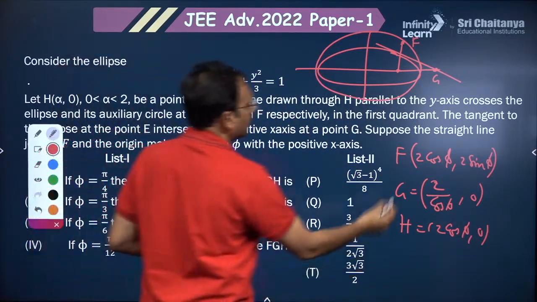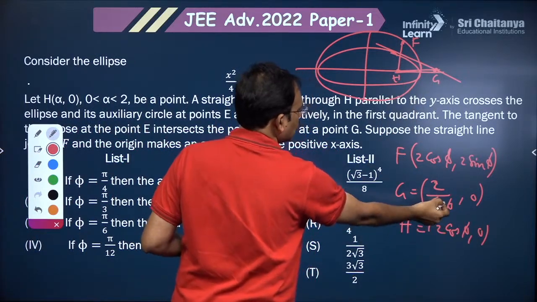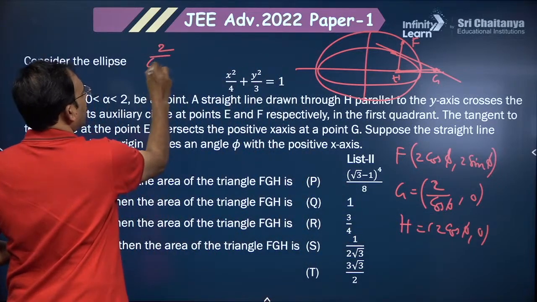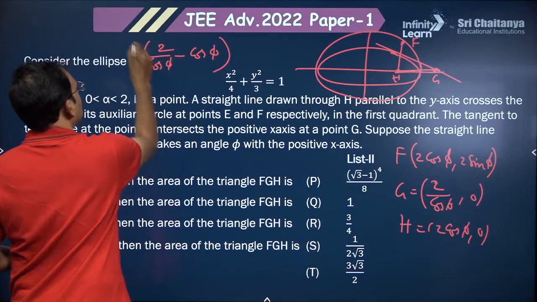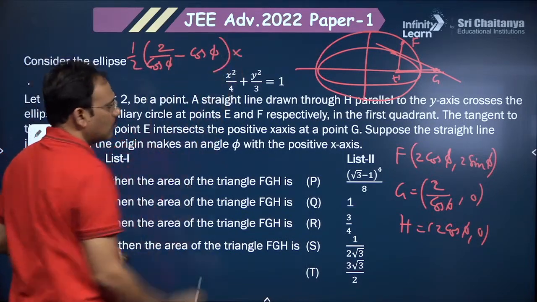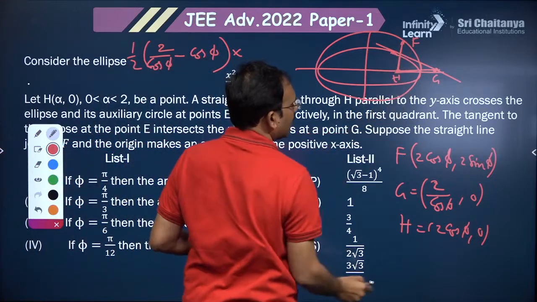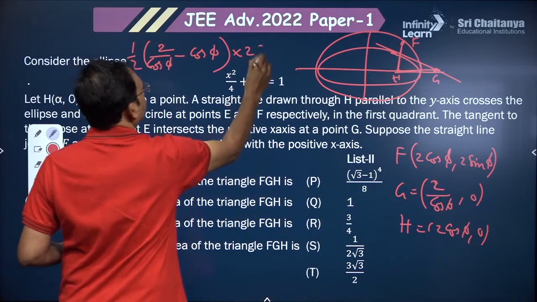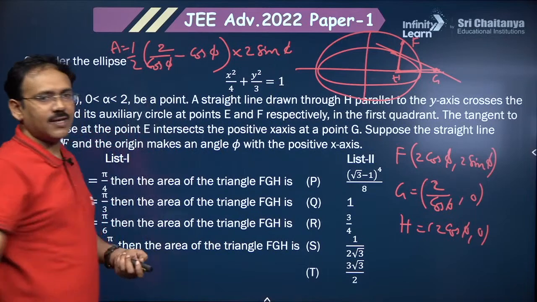Area of this triangle: the base is this HG, that is 2 by cos phi minus 2 cos phi, so you can write that as the base. Half into base into height, where the height is the y coordinate of F, which is 2 sin phi. This is going to be the area of this triangle, dear friends.